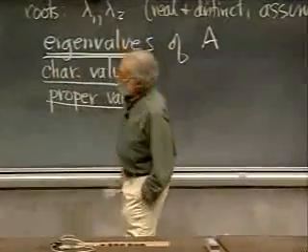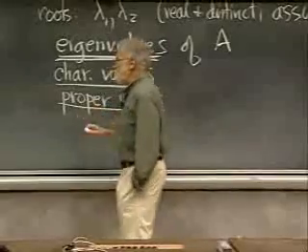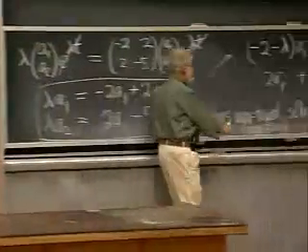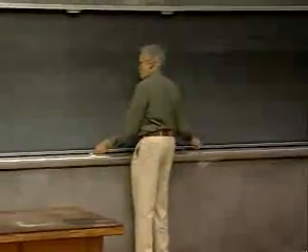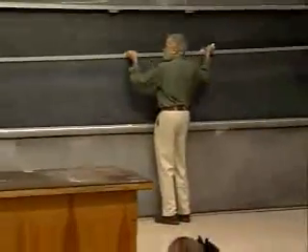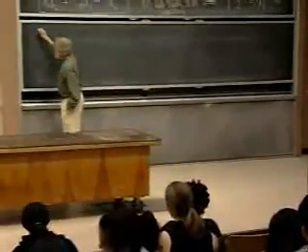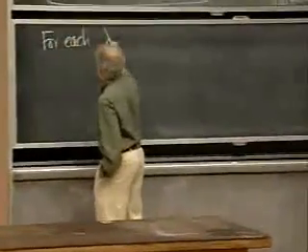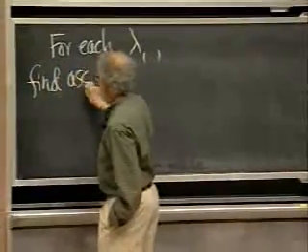what now is still to be done? Well, there are those vectors to be found, and then you have to solve. So the very last step would be to solve the system to find the vectors A1 and A2. So for each lambda I, find the associated vector.